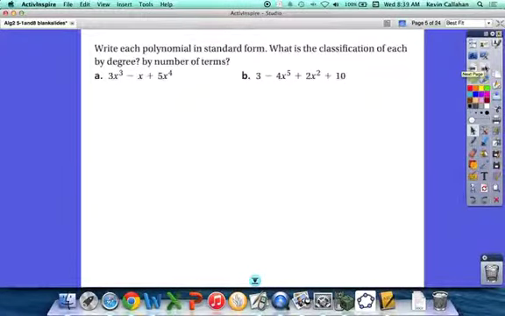So let's try these here. Put them both in standard form and then classify by degree and number of terms.